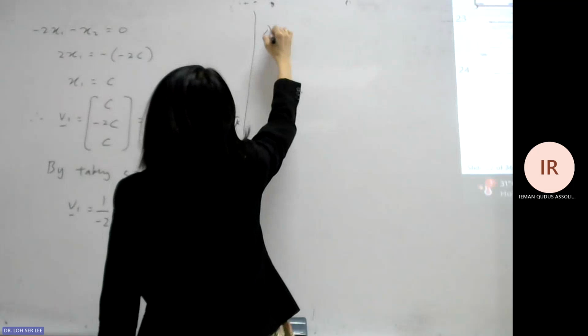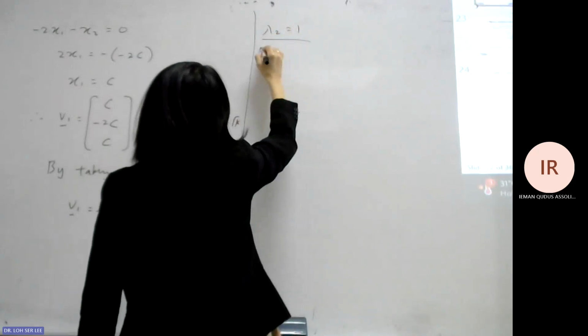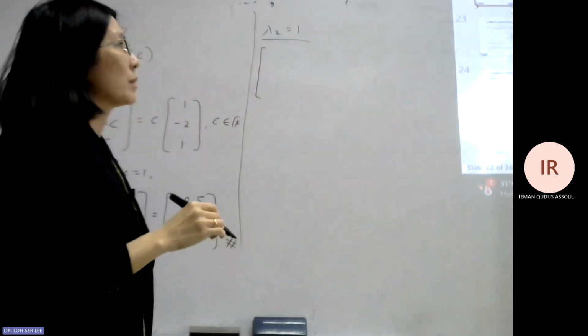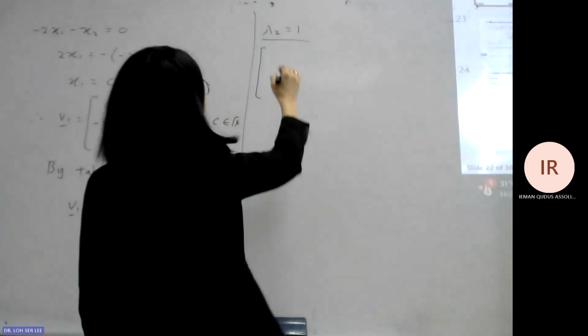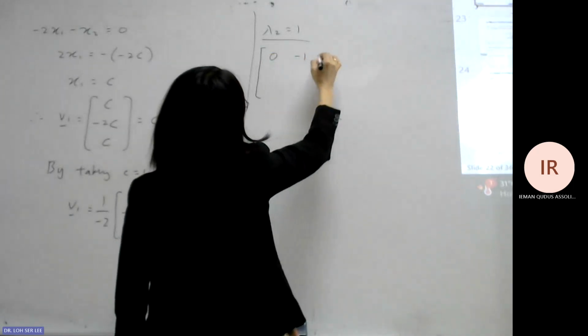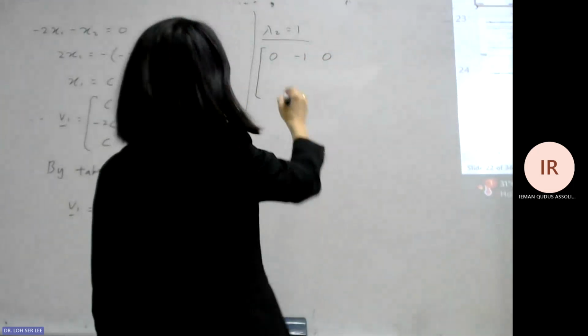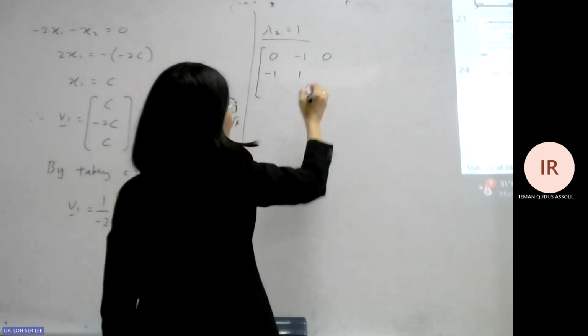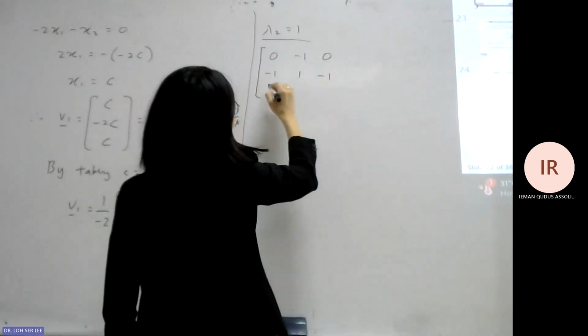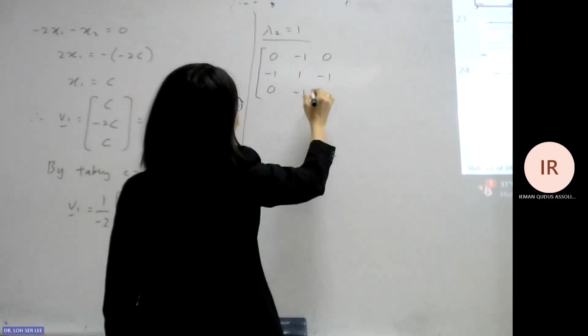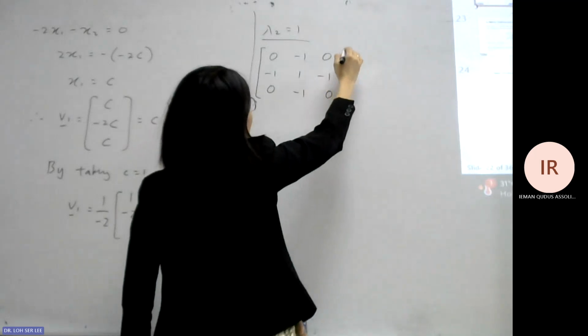Okay, lambda 2 is 1. So you substitute the 1 into the lambda just now. So 1 minus 1, negative 1, 0. Negative 1, 2 minus 1, 1. Negative 1, 0, negative 1, and 1 minus 1, 0.